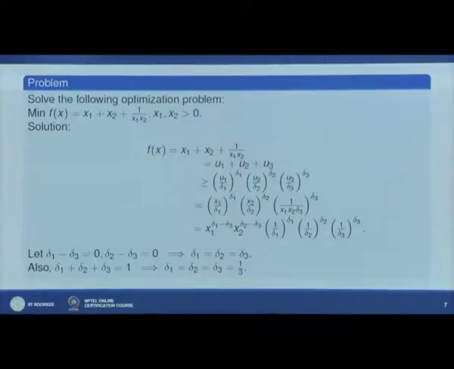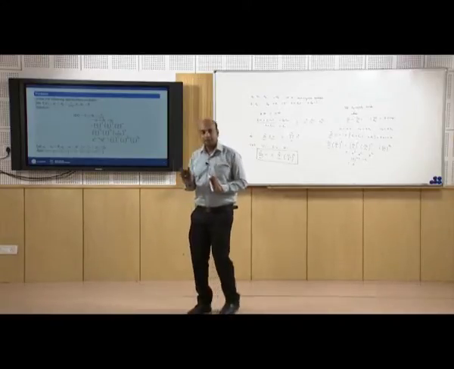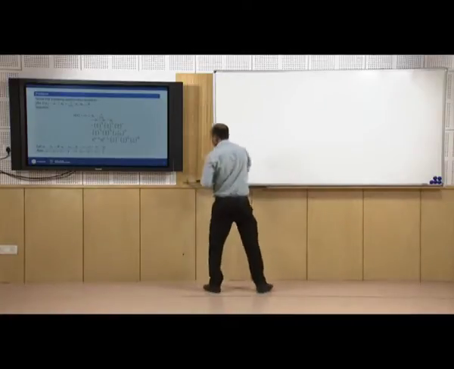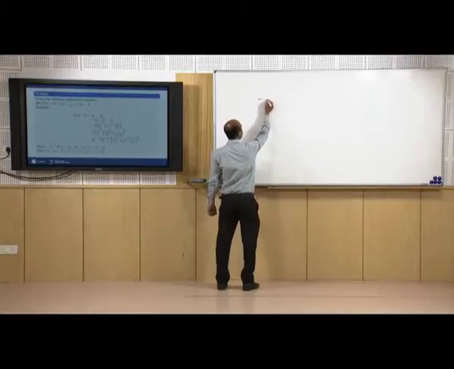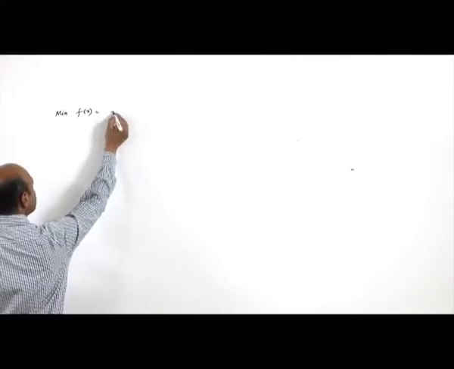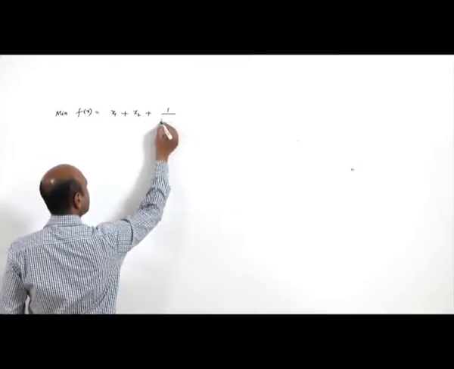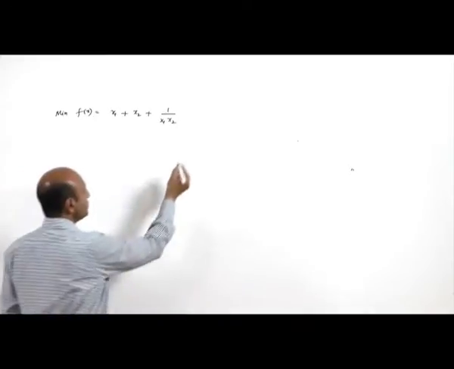Okay. Now, let us understand how to solve the problems of such type by an example. So, let us discuss a simple problem first, so things will be clear. It is minimization of f(x) equals x1 plus x2 plus 1 upon x1 x2, where x1, x2 are strictly greater than 0.